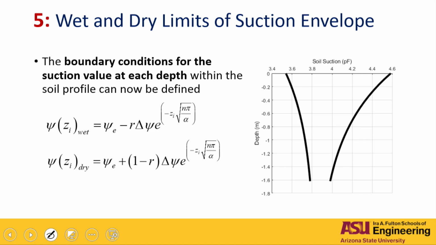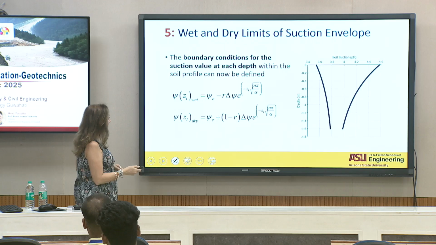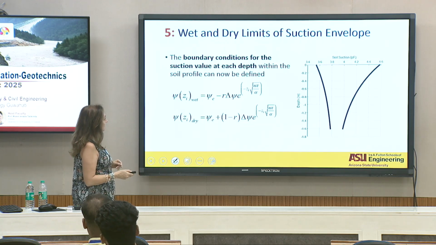They use the equations in there, and it should be in here somehow, the Z value, the depth, right here. All right. So you do have now the suction with depth. So that's how we create those envelopes.